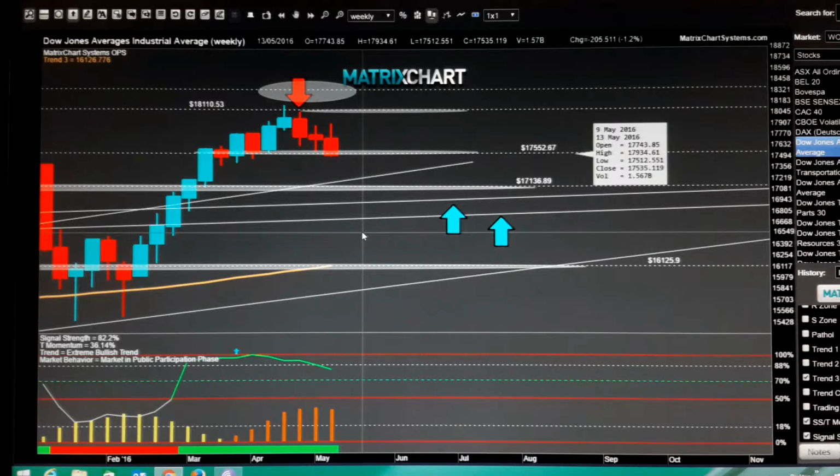Looking forward, I'm expecting in 1 to 2 weeks time, the price action will be moving onto this level, 17136. Therefore, I'm looking for a bullish reversal candlestick pattern somewhere along the major support trend line, this level and this level.